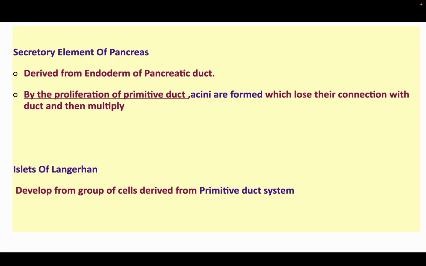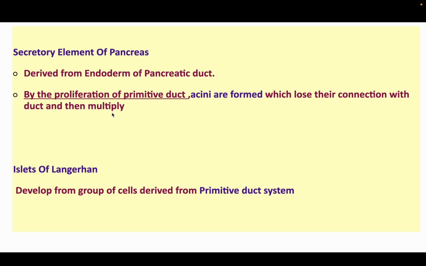Now coming to the histological component of the pancreas, the secretory element of the pancreas is derived from the endoderm of the pancreatic duct. By the proliferation of the primitive duct, acini are formed which lose their connection with the duct and then multiply. The different ducts, that is the duct of Santorini and duct of Wirsung, basically divide and redivide, and the terminal portions become the acini and get detached from the main duct system.